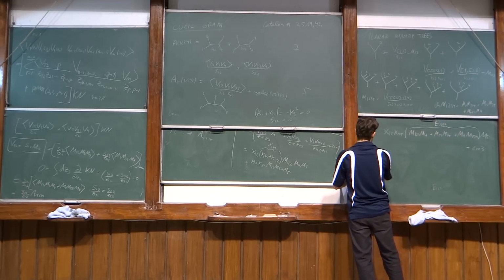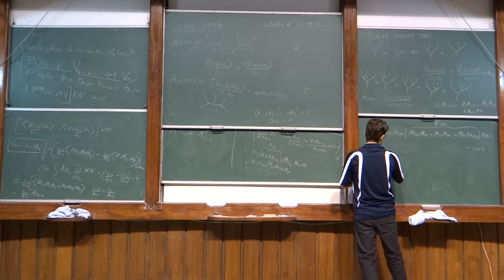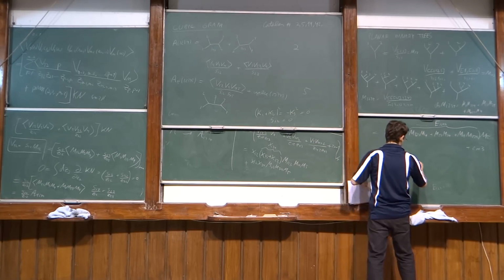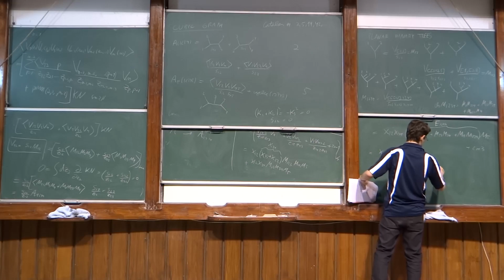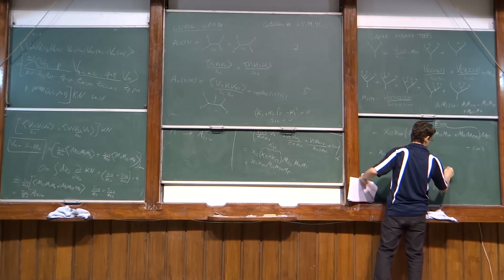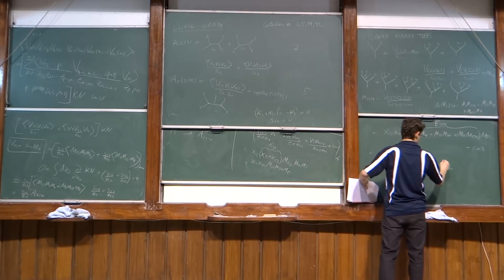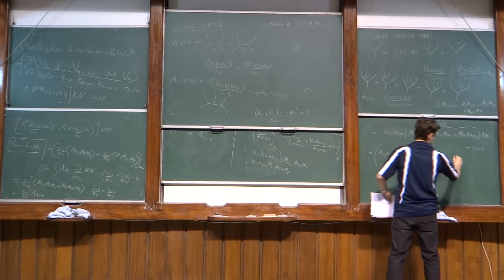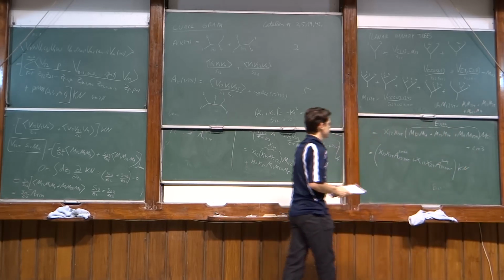So what you show is that the correlator becomes x1, 2, x3, 4, 1, 2, 3, 4, 5 plus x1, 3, 2, 4, 1, 3, 2, 4, 5, multiplied by the Koba-Nielsen factor.